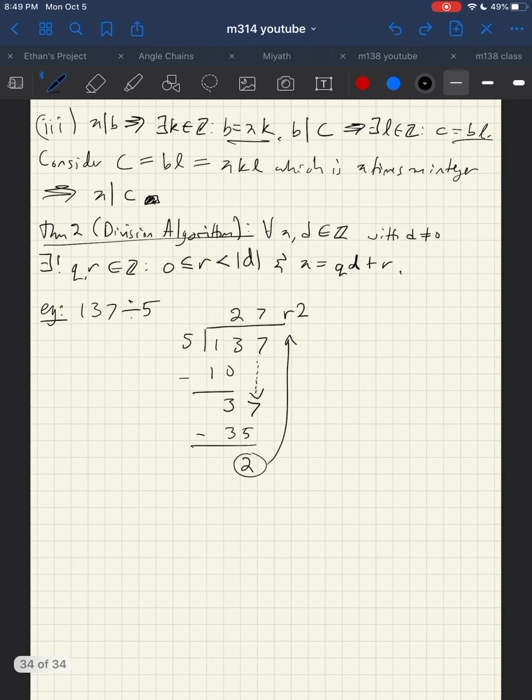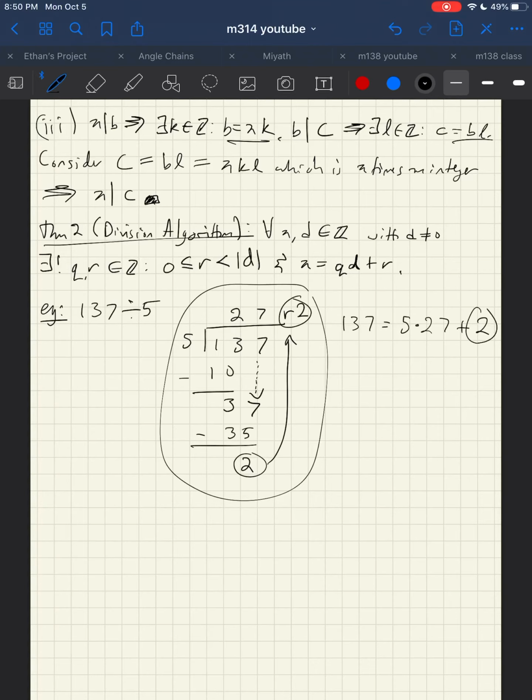It's a similar situation. Okay, so now I want to express this relationship compactly. So I'm going to write 137 equals 5 times 27 plus 2.